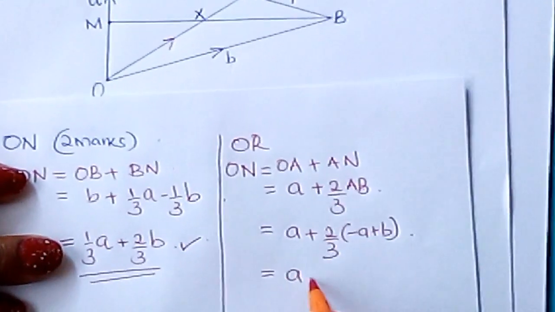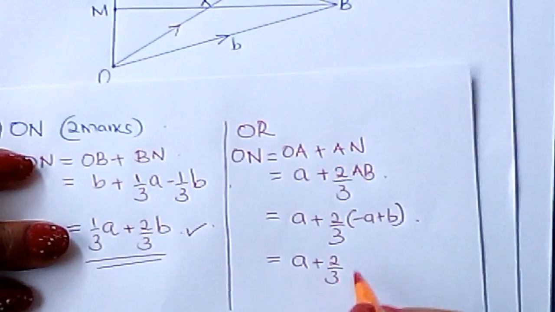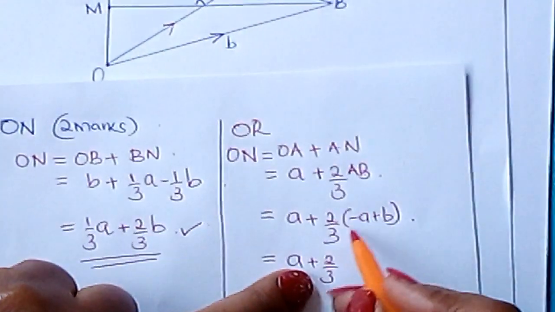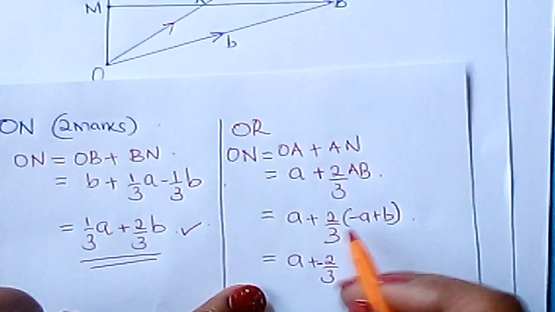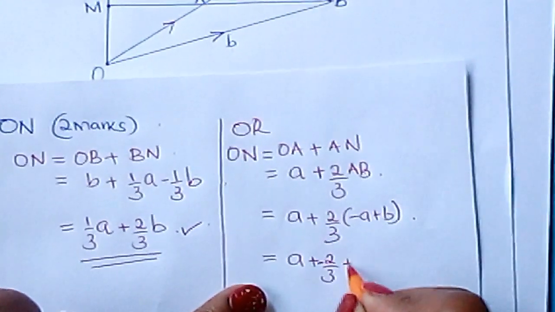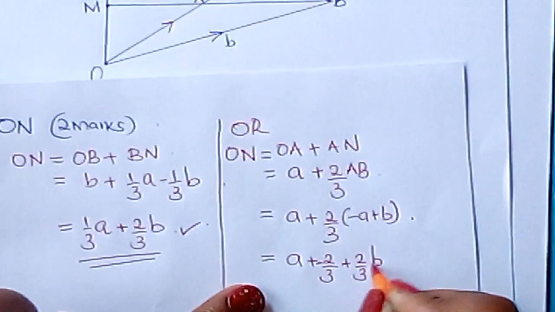So you come and say this is A plus 2 over 3, and it is negated. We can fix our negative there, no problem. Then this times this will give you 2 over 3B.